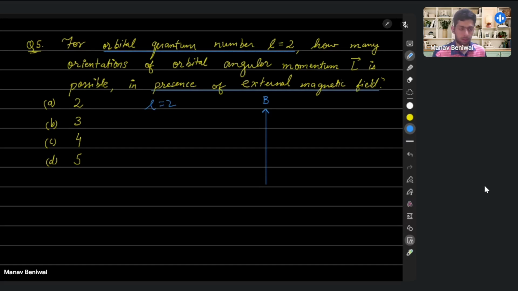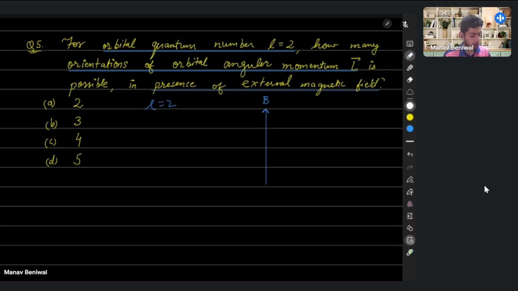Now the question asks us how many orientations of orbital angular momentum L are possible. Okay, so orientations of orbital angular momentum L. This is what we need to find out.